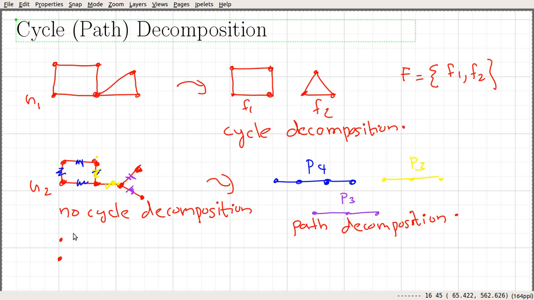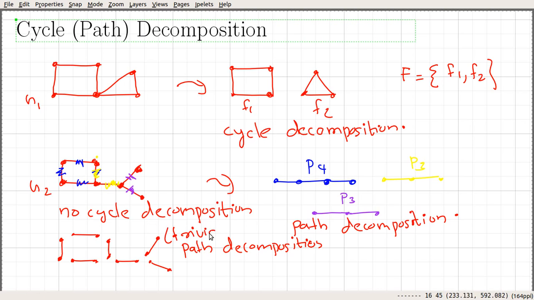Consider this edge, this edge, this one, this edge, then this edge, this edge, and this edge. This is also a path decomposition.